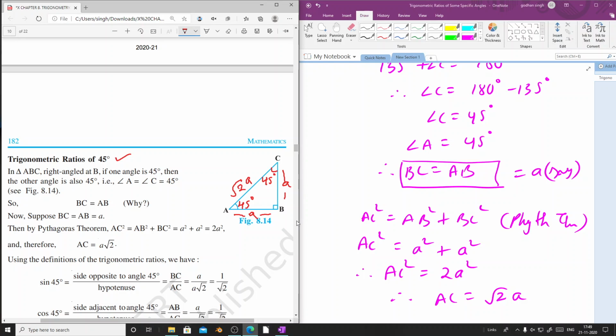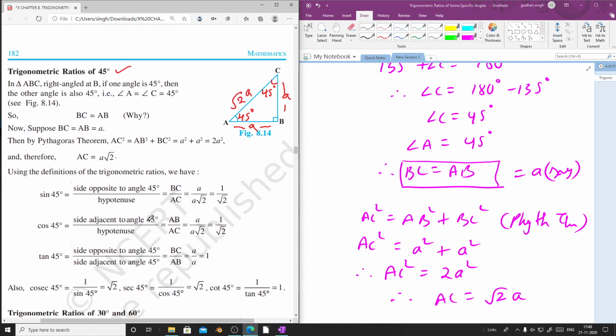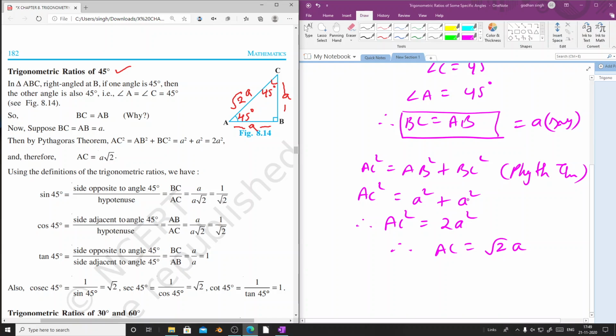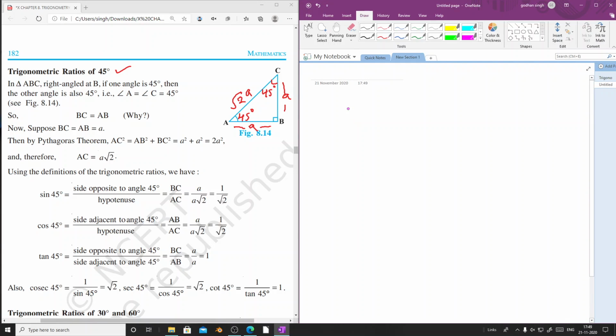Now we can easily find the trigonometric ratios sine theta, cos theta, tan theta by putting the value as 45 degree, because we know how sine is defined. First we will find the value of sine 45 degree.